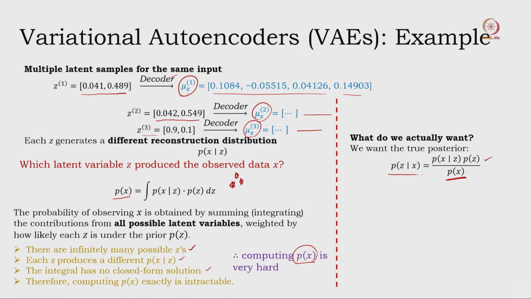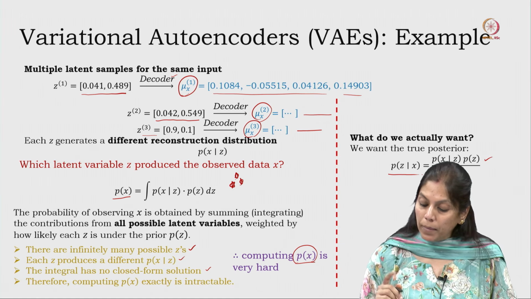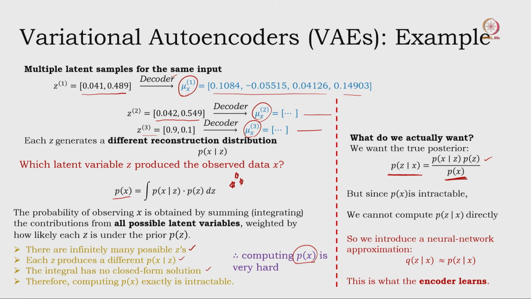If you ask which z has produced the x, it is the summation of all of those. Because P of x is hard to compute, we will not directly compute P of z given x. Therefore, we have introduced the approximation Q of z given x. The encoder is going to learn this.